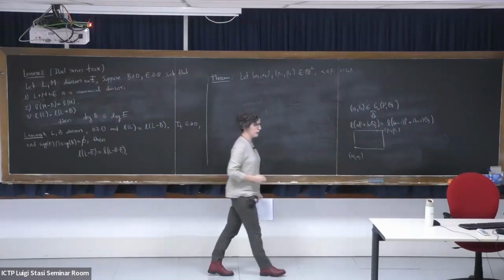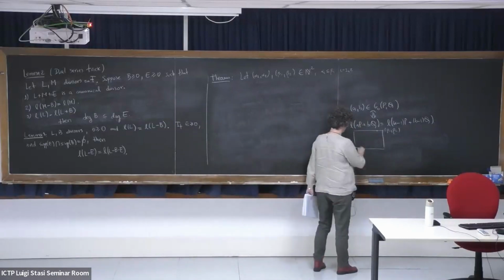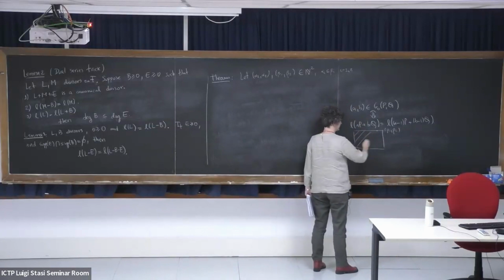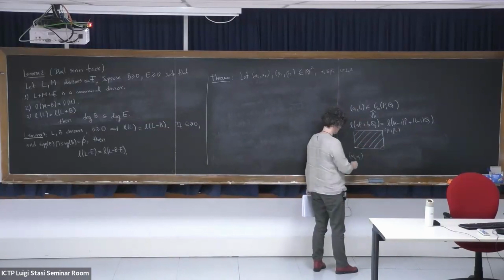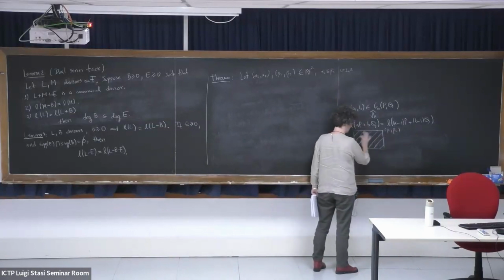And what we are going to ask is that all the pairs inside this grid have to be pure gaps. Also alpha 1, alpha 2, this guy, and the guys in the middle.